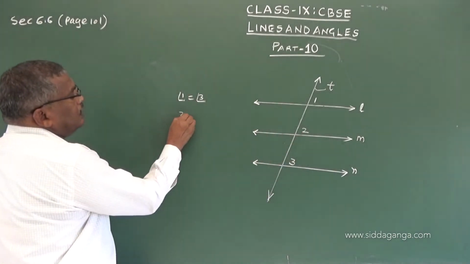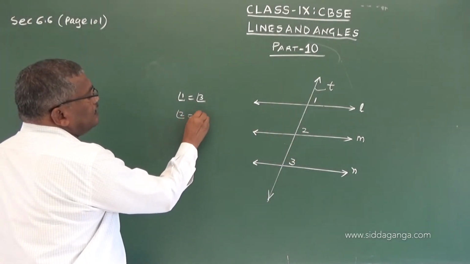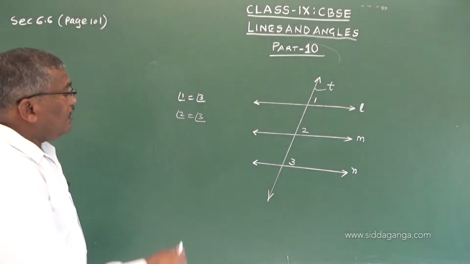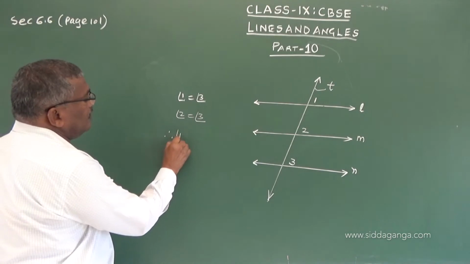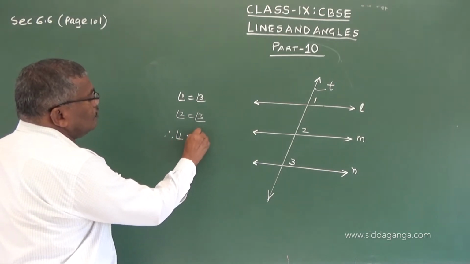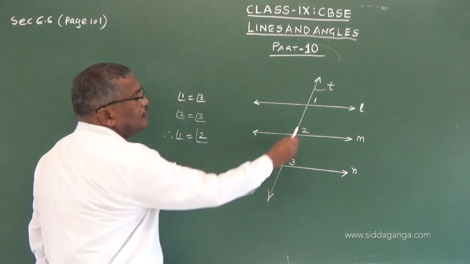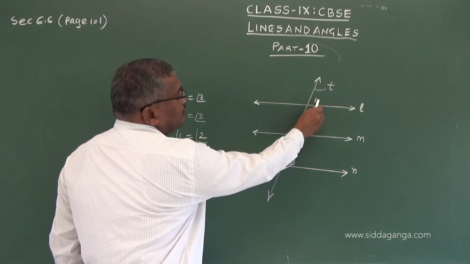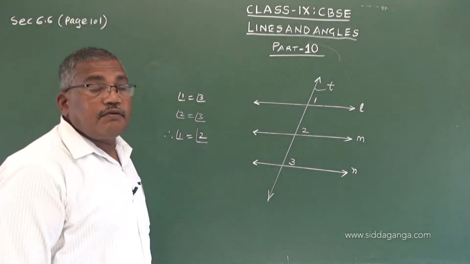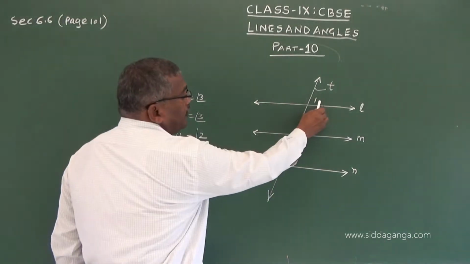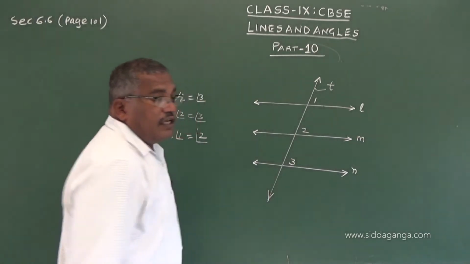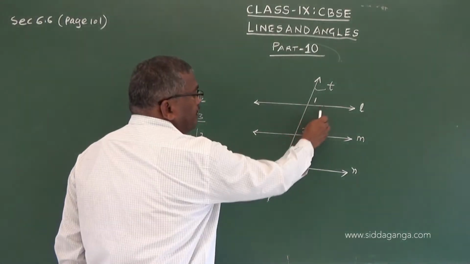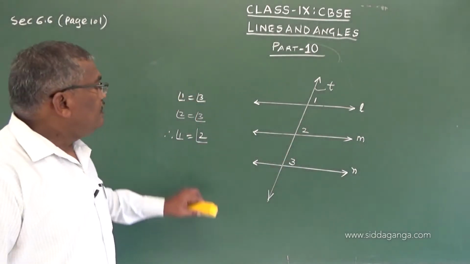So angle 2 equals angle 3. Therefore, angle 1 is equal to angle 2. We have studied the theorem: when corresponding angles are equal, the lines are parallel. Therefore, L is parallel to M.